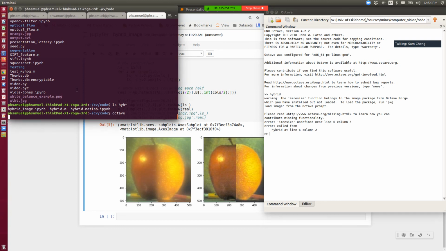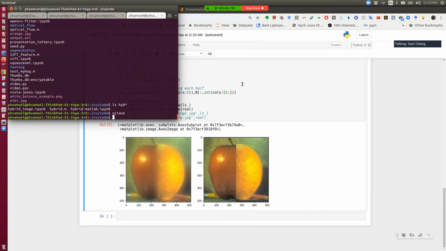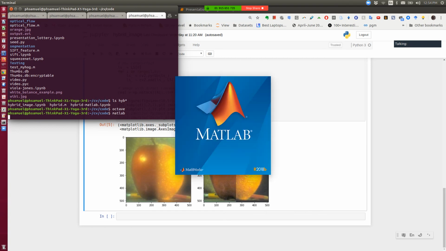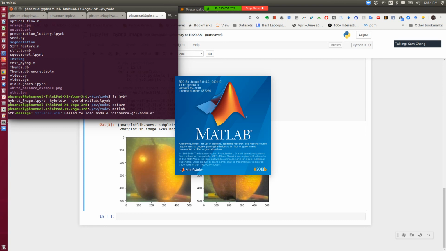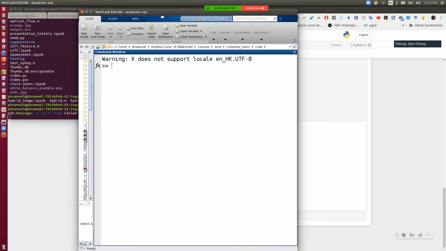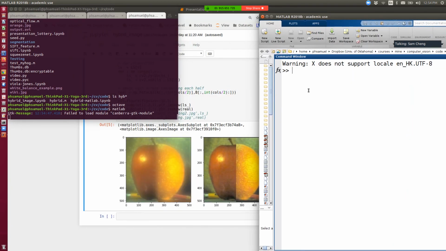I guess I need to use a real MATLAB. I kind of remember I used MATLAB because in the past I talked in more detail about this image pyramid, but I found typically you guys are not very interested in that detail.